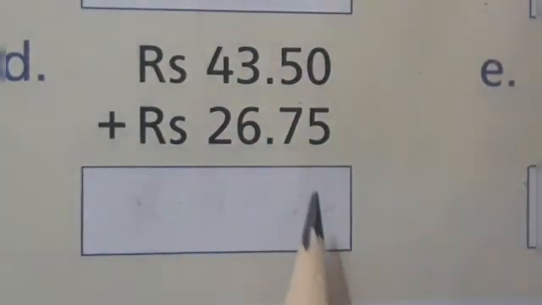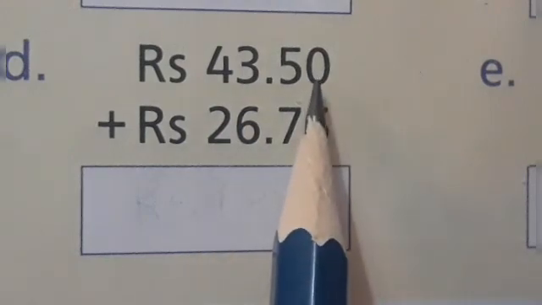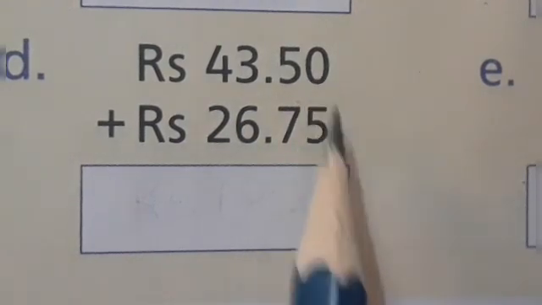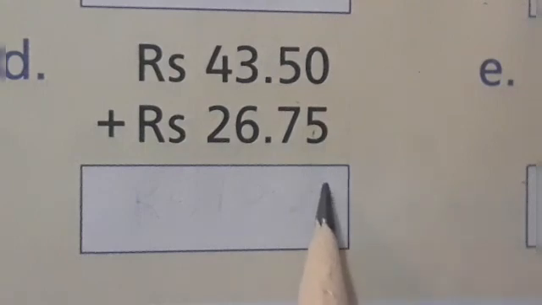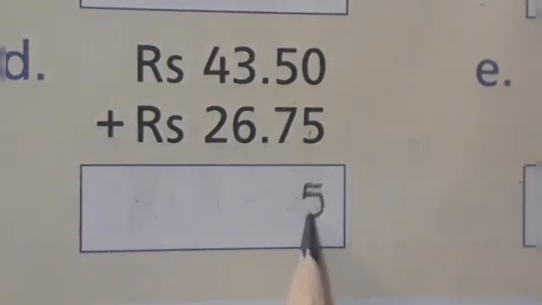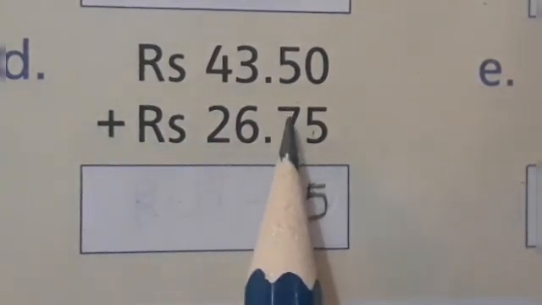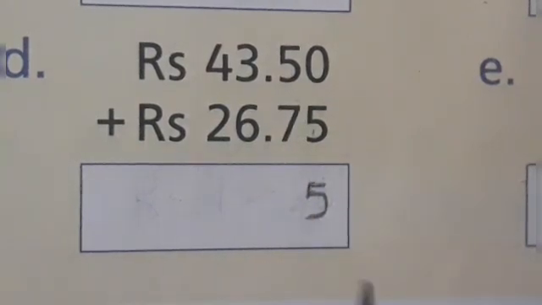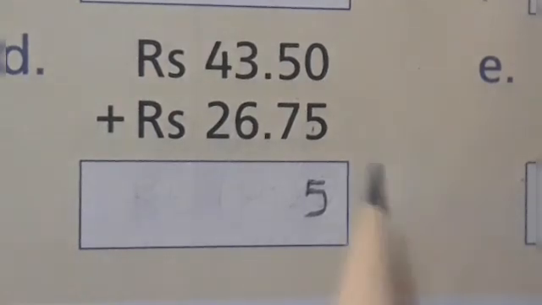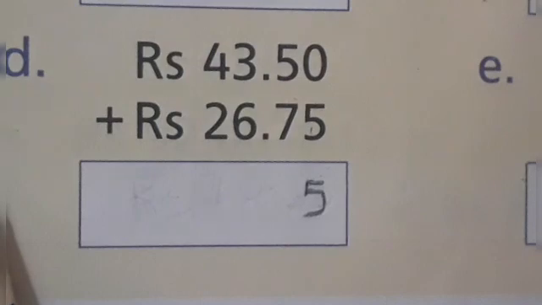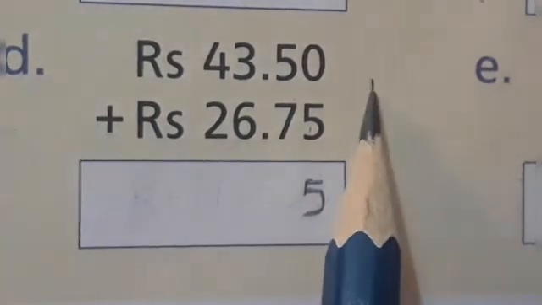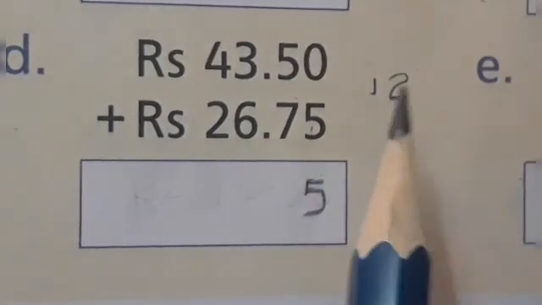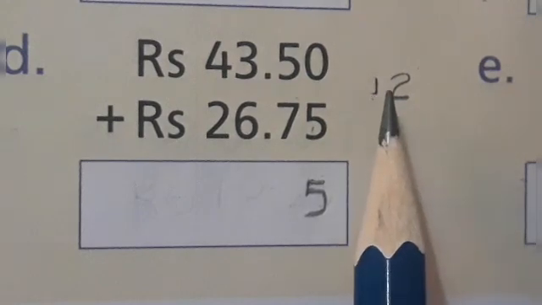0 plus 5. Obviously 0 has no value, so it means there is only 5. 5 plus 0, 5. And the next numbers are 7 and 5. 7 and 5 is 12. Just count on your fingers. 12. So students, I write the 12 here in the working column.